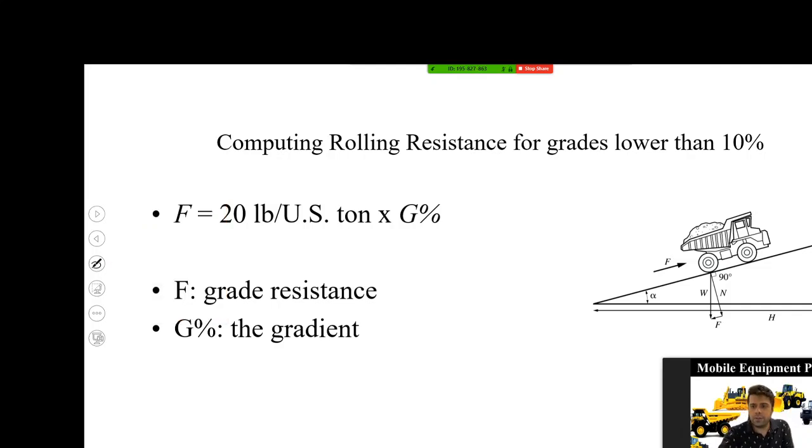For grades lower than 10%, the rolling resistance will be 20 pounds per US ton, which is the weight of the vehicle, multiplied by the grade percent, or the gradient. So it means it is directly related to the weight of the machine.